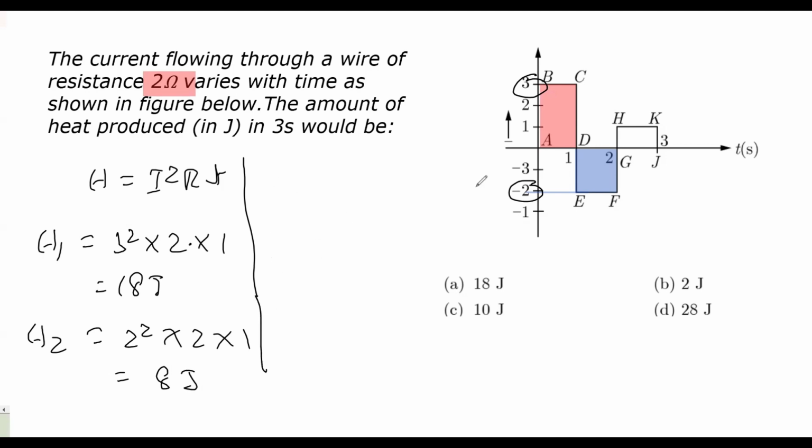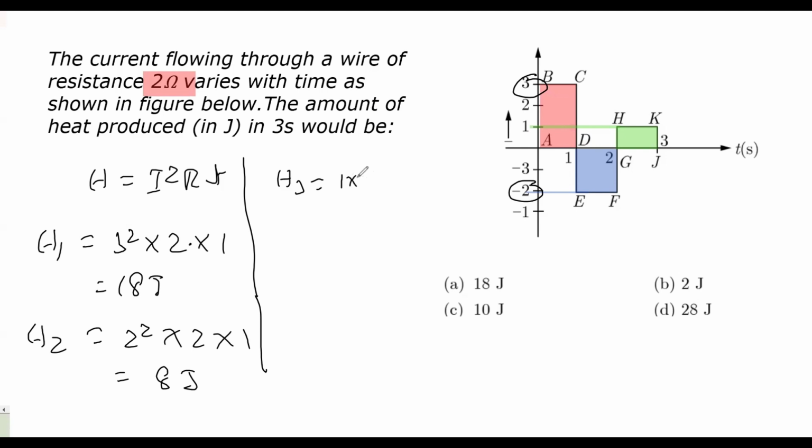Finally, we have one more case, that is the last case. From the diagram, the circuit diagram, you can figure out that in this case the current is 1 ampere, right? So current is 1 ampere, resistance remains the same. So this time, say H3 is I square RT. I is how much? 1.